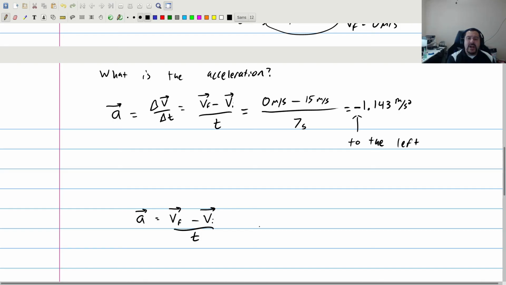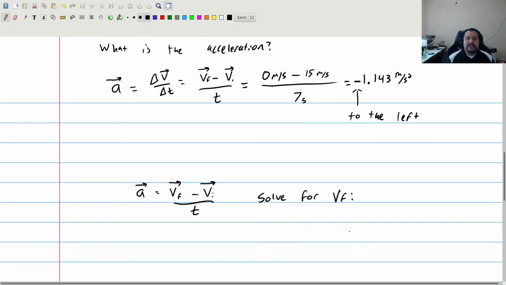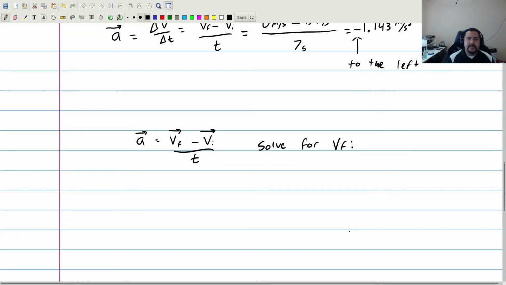So let's say I want to solve for V final. If I want to solve this for V final, first I need to move the t out of there. So I'm going to multiply both sides by t. And then this is going to go away, and we're going to rewrite.